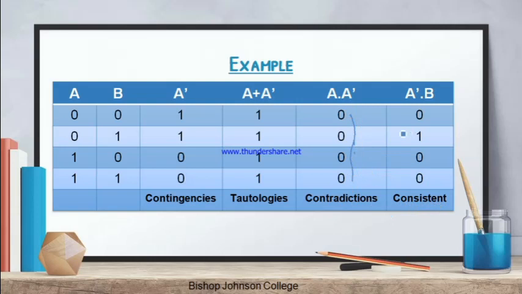Consistent is when the two columns' dot is not a contradiction. When it is not a contradiction, meaning all are not 0, it is called consistent. Here you can see that this column has value 1. So if all are not 0, then it is consistent.